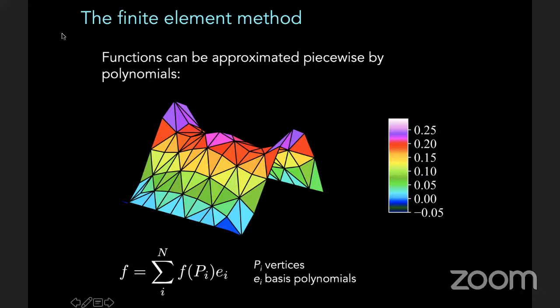One example, not the only way, is using Lagrange polynomials of some order on each of these cells. Then you can stitch these function spaces together in such a way that your function is piecewise continuous, or also piecewise discontinuous, depending on what you need. For the profiles, you will want it to be continuous because it's what physically makes sense. For the derivatives, you may want it to be discontinuous for mathematical reasons I will not go into right now. But for the profile, you want it to be continuous. So a tiny function space on each of these cells, and you stitch them together.